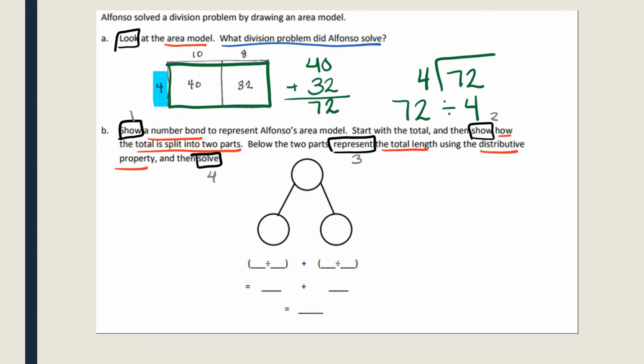First it says show a number bond, which is already here. These 3 circles connected together, there is our number bond. And so we don't have to worry about that one. Show how the total is split into two parts. So our total is what we found before, the 72.